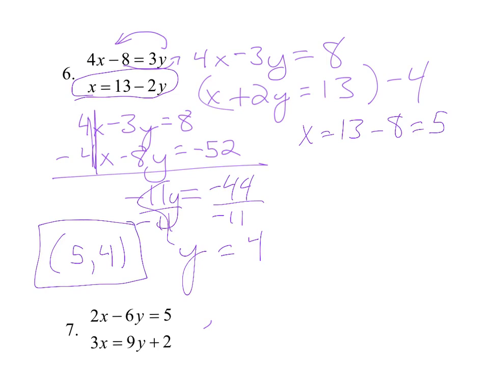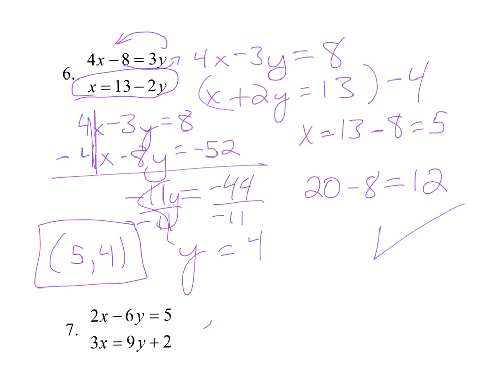All right, but let's just do a quick double check on the other equation. 4 times my x is 4 times 5. That's 20. Minus 8, does that equal 3 times my y, which is 4. 3 times 4 is 12. 20 minus 8 equals 12. This is true. Okay, we got our answer.